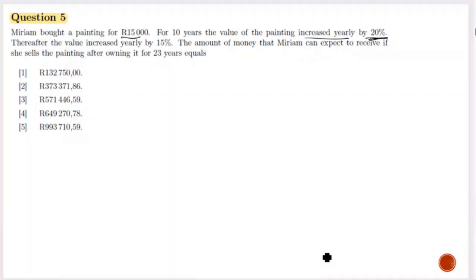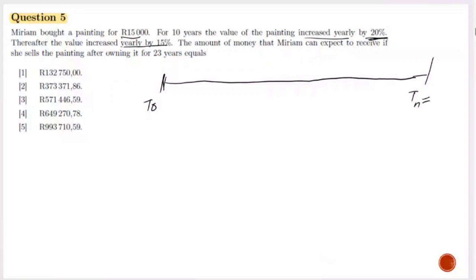Thereafter, the value increased yearly by 15%. The amount of money that Miriam can expect to receive if she sells the painting after owning it for 23 years. So it means now we've got a timeline here. You could see this thing is starting at T0, and then your last term, that is your TN, because she's owning this thing for 23 years.